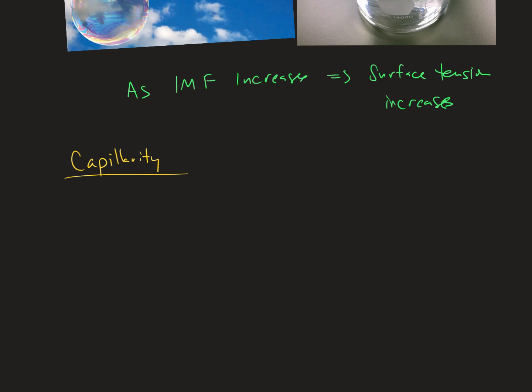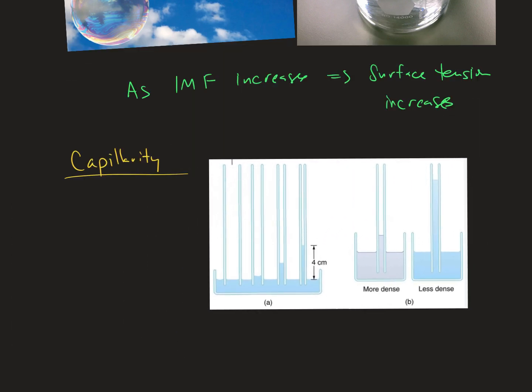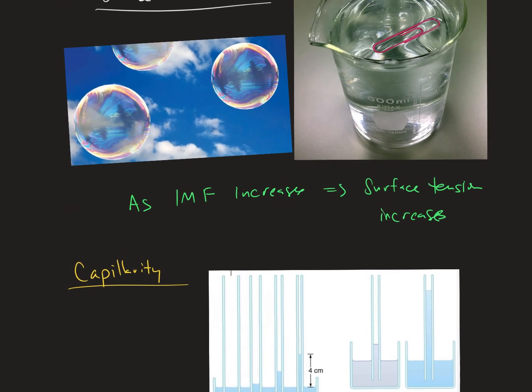Let me kind of demonstrate, or try to explain what this is. In surface tension, you have a cohesion force, where the molecules are attracted to one another, making that surface tension.